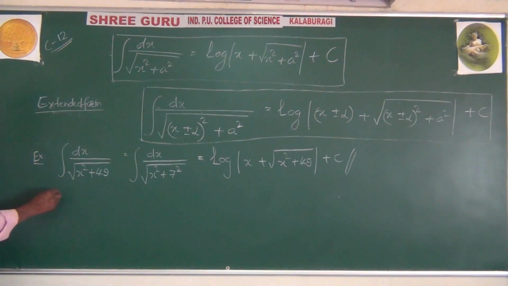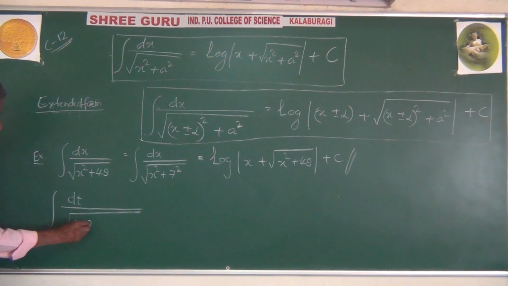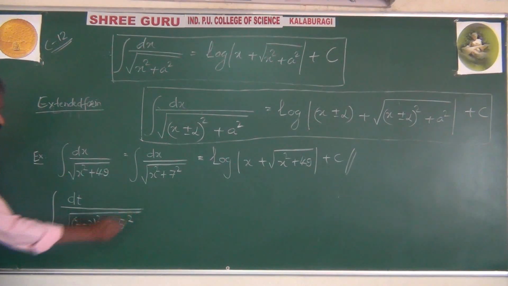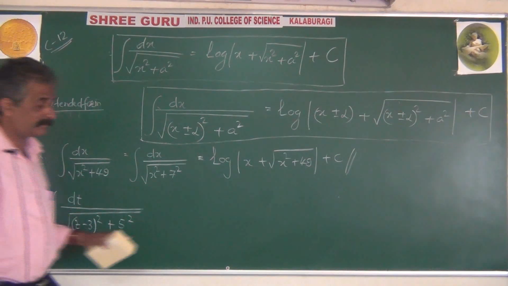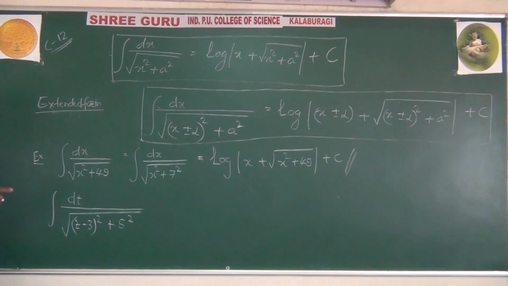Another example, integration dt divided by, instead of x we use t, does not matter, square root of t minus 3 whole square plus 5 square. Here what is important is which of the 6 formats is matching. It is matching the format integration dx by root x square plus a square.